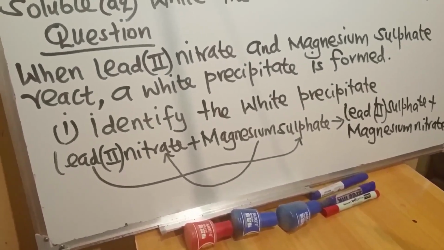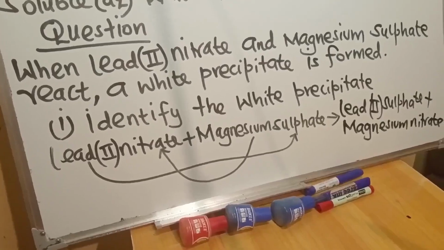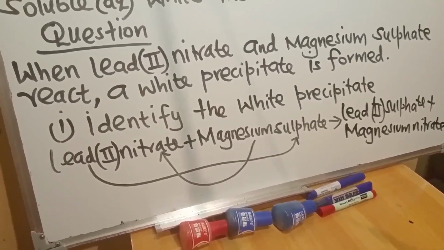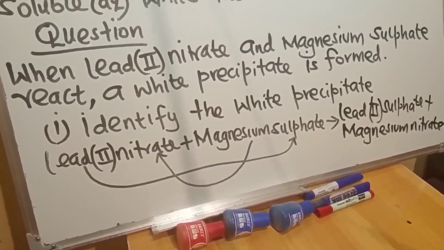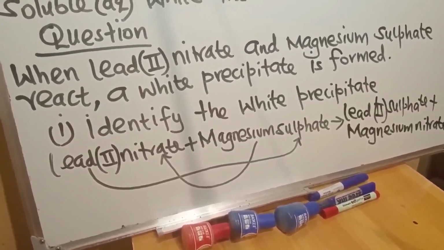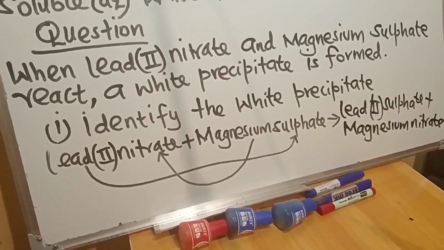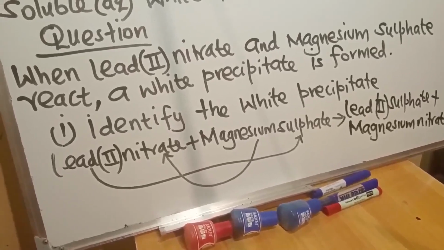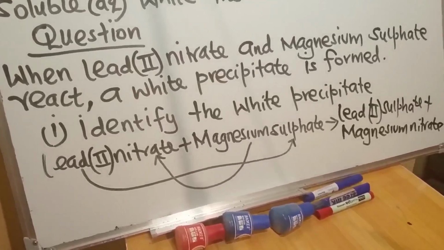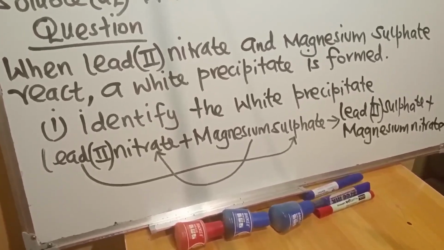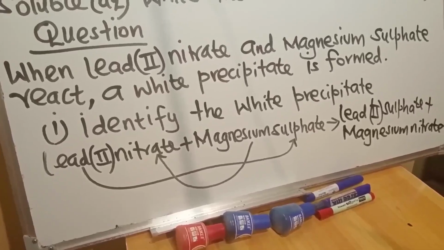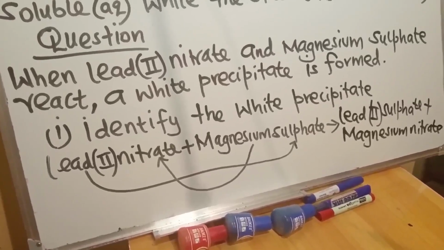Once you do that, then you go back to the song that we use when we want to enhance our memory about the solubility of salts. And the part that is very important for this question is about the sulfates and about the nitrates in that song.